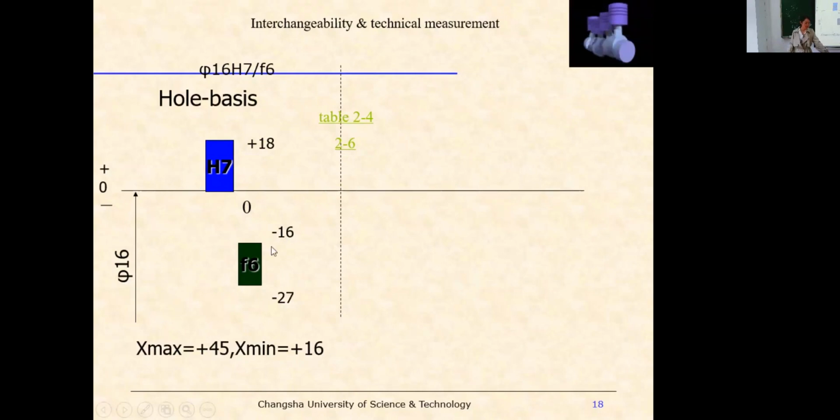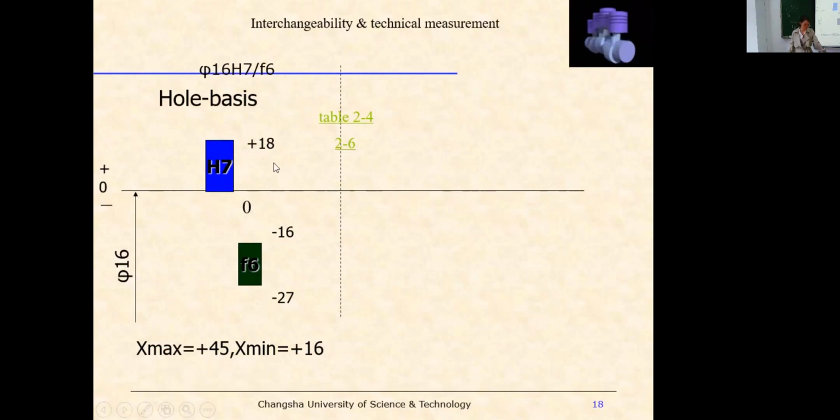So this is a clearance fit. The maximum clearance is 45, the minimum is 15, right? The minimum is from here to here, the maximum is from here to here. How do you get the 45?